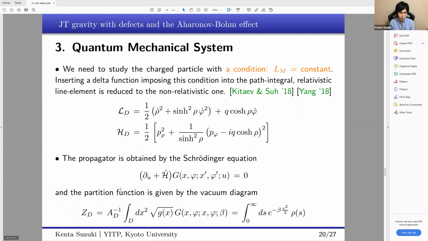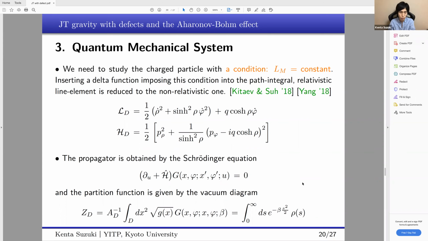And then the corresponding partition function is basically given by the vacuum diagram, which is expressed in terms of this propagator. And this partition function can also be spectrally decomposed. Here we parameterize energy by S squared over 2, and this rho of S is the spectral density.